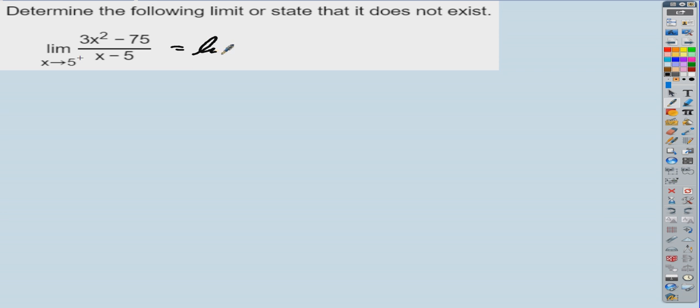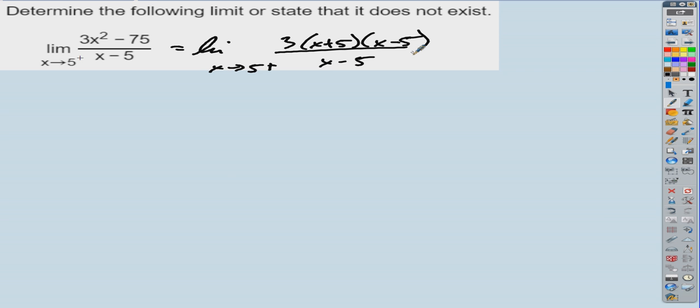So we're going to get the limit as x approaches 5 from the right of... What am I going to get on the top? Just factor out a 3: 3 times x plus 5, x minus 5, x minus 7, since x squared minus 25 is a difference of squares.